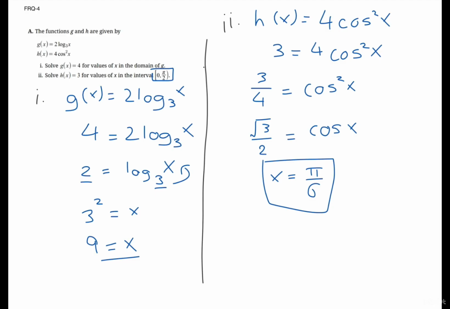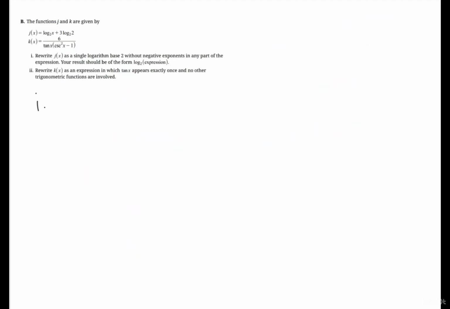Let's move ahead. Part B, we have functions j and k given by something and something, and we have to rewrite j as a single logarithm base 2 without negative exponents in any part of the expression. So again, I'll write it down. We have j of x is equal to log base 2 of x plus 3 times log base 2 of 2.